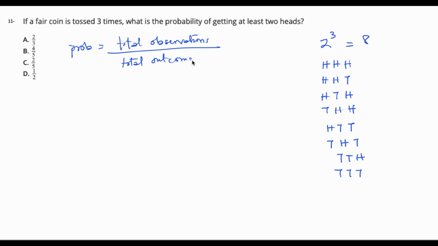Now in this case, our observations for getting at least 2 heads include: we have 1, there are 3 heads here, we have 2, there are 2 heads here, we have 3, 2 heads, we have 4, 2 heads, and for the others we have either 1 head or no head at all. So the total observations for at least 2 heads here is 4, and the total outcome in general is 8. So the probability of getting at least 2 heads is half, 1 over 2. So the answer here is D.